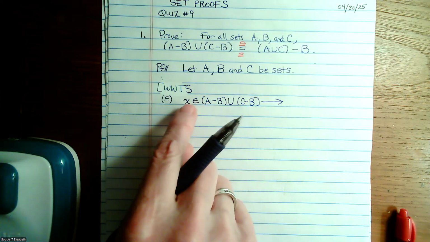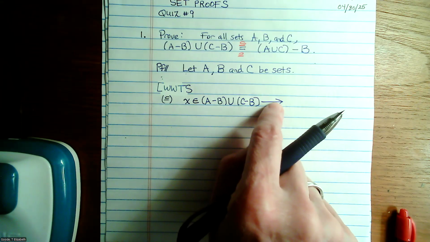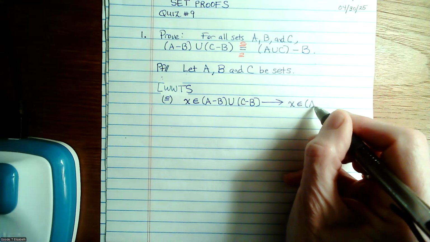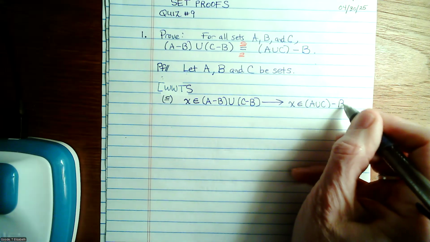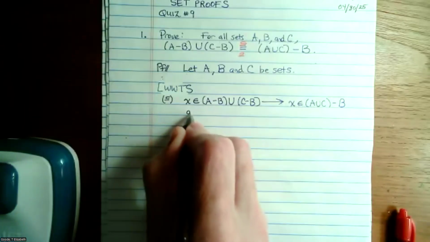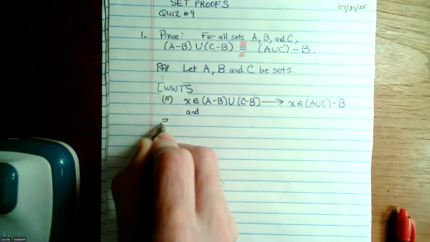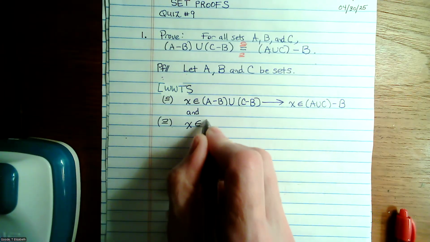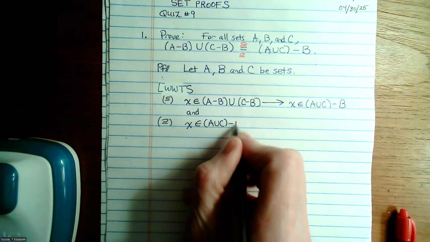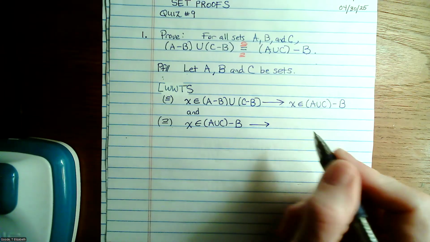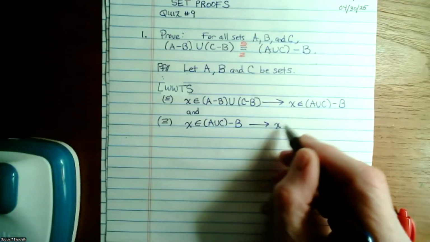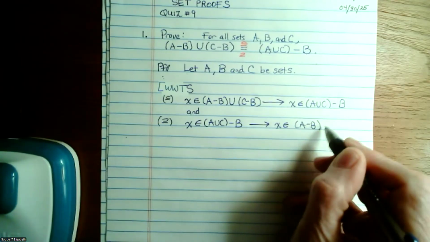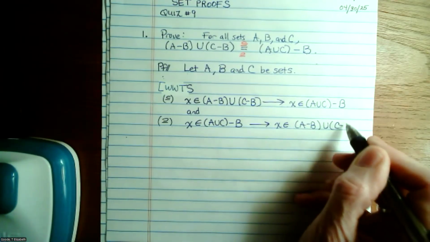We wish to show that if this is true, then X winds up over in A union C minus B, right? And we wish to show that if X starts out in A union C minus B, then what happens? Then it is also an element in A minus B union C minus B.